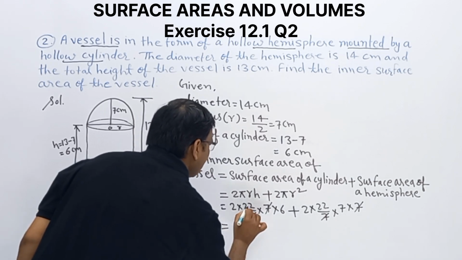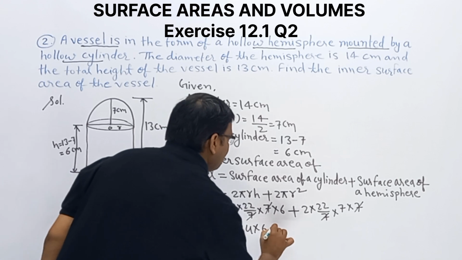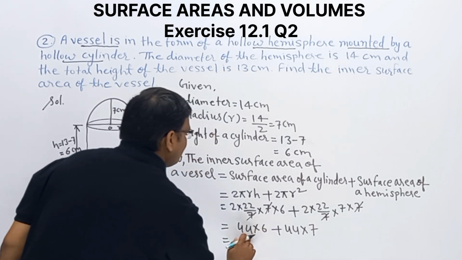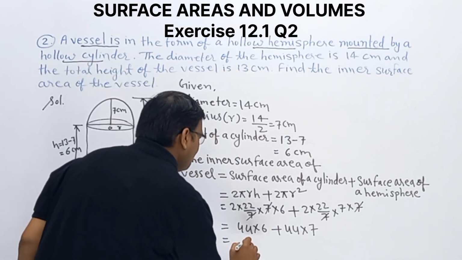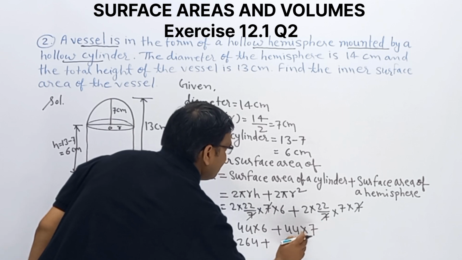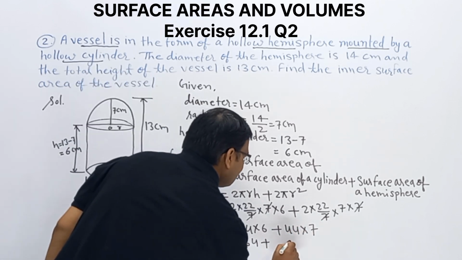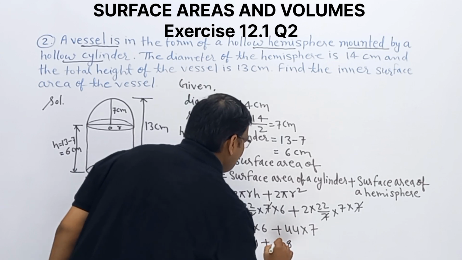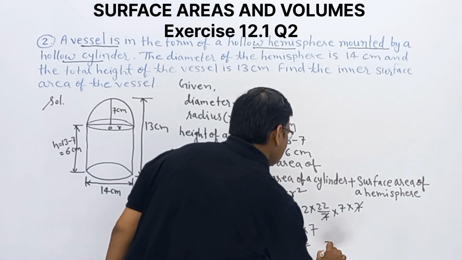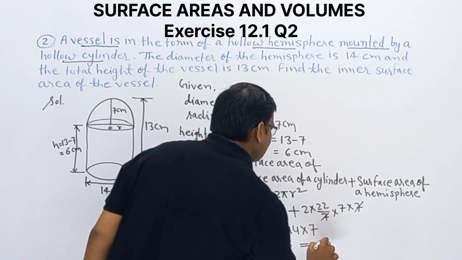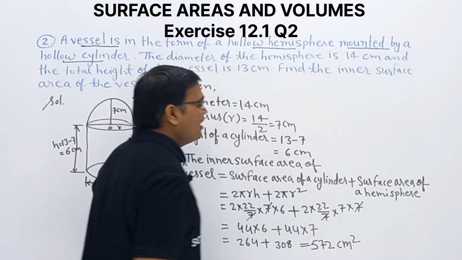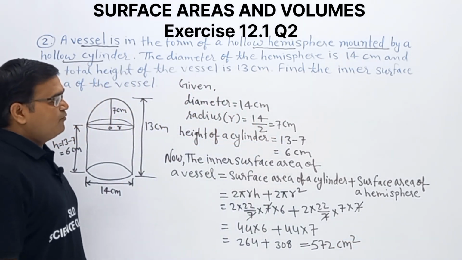Multiply and add. 22 into 2, 44 into 6, plus 22 into 2, 44 into 7. 44 times 6 is 264, plus 44 times 7 is 308. Adding both, we get 572 centimeter square, which will be the inner surface area of the vessel.